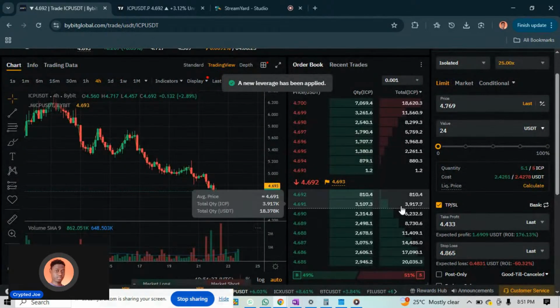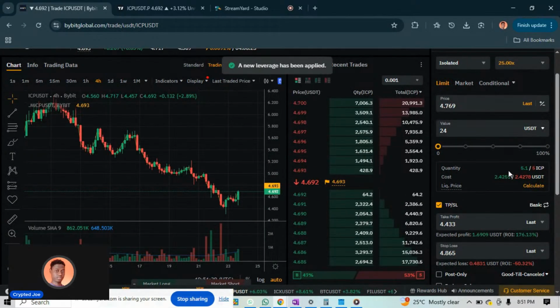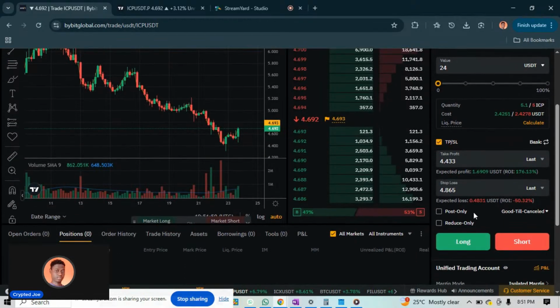Now, after placing your entry, your order value, that's the answer you get from your calculator if you divide your risk amount by your stop loss percentage, you put in your take profit and your stop loss. Now, you take note of the expected loss first before the expected profit. Then you click on I want to short the coin.